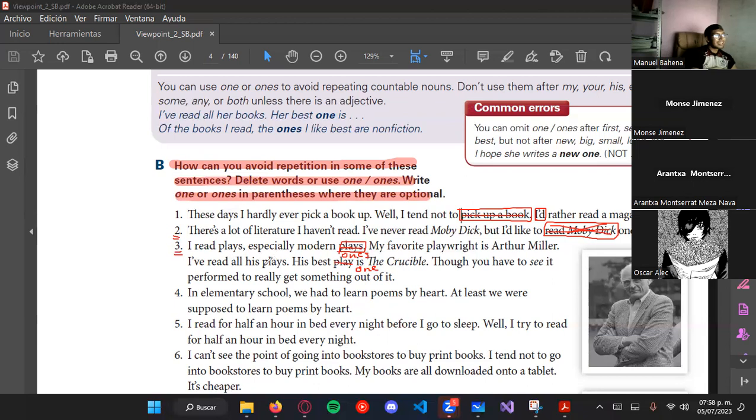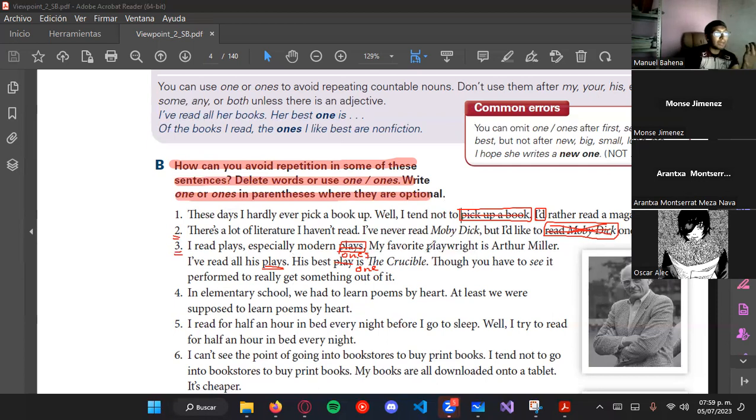Yes, here something funny happens. Aquí, ¿por qué no podríamos omitirlo? Porque tenemos que mencionar lo que estamos queriendo hablar sobre Arthur Miller, ¿no? Sobre sus obras, ¿vale? Entonces, efectivamente, cuando omitimos o cuando reemplazamos es cuando se entiende, cuando ya está implícito lo que estamos hablando.